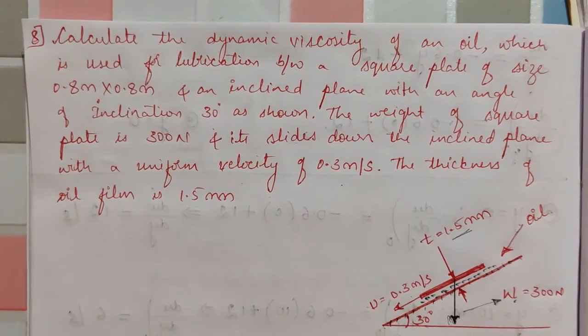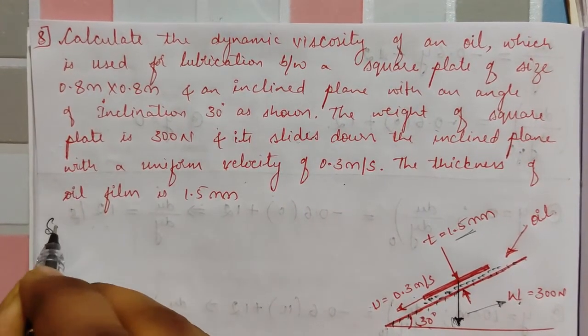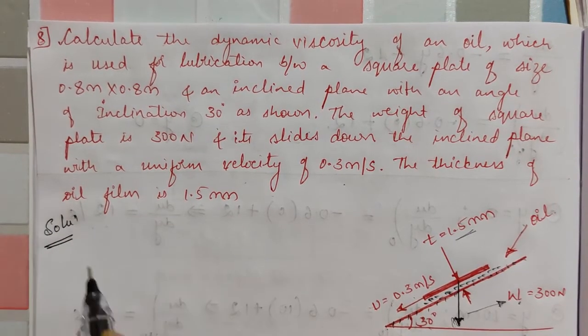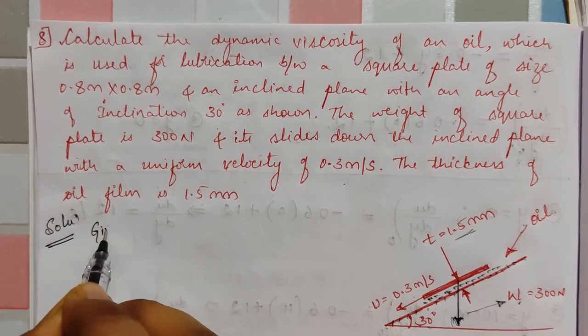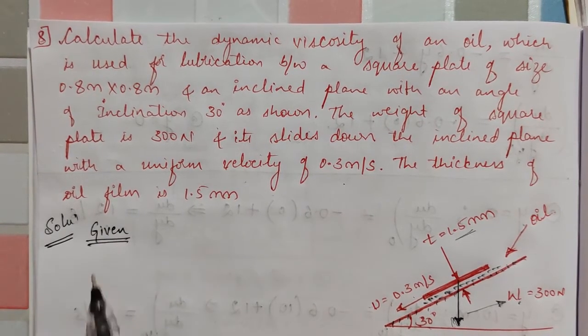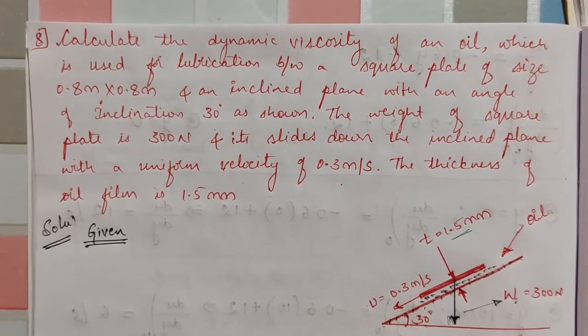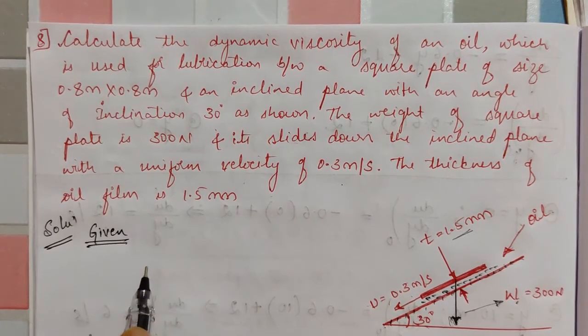So I'll write down the solution now. First, we will note down the given. What are the given things? If you write down the given things, we could estimate what formulas we can use in this problem. So given, what is given?